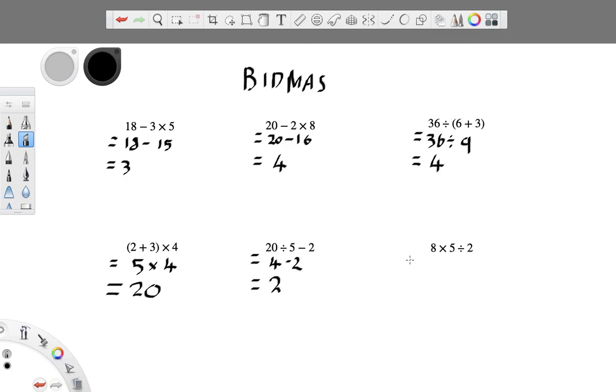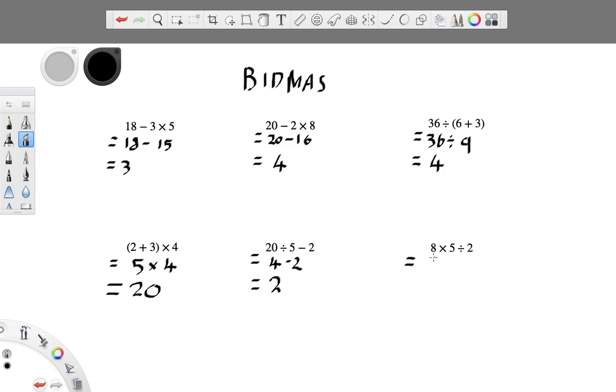And then the final question is 8 times 5 divided by 2. So again, we work through. So there's no brackets, there's no indices, there's a division. So we have to do that division before we can do the multiplication.